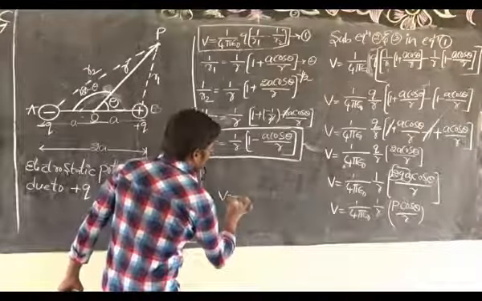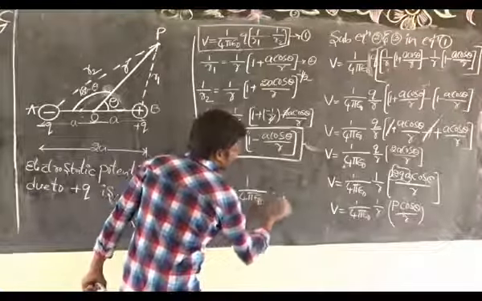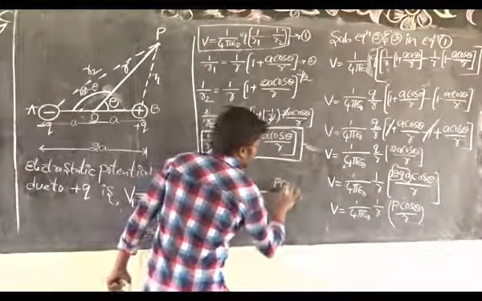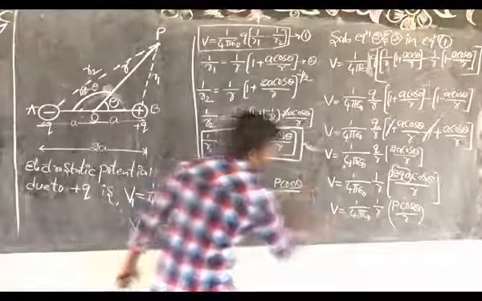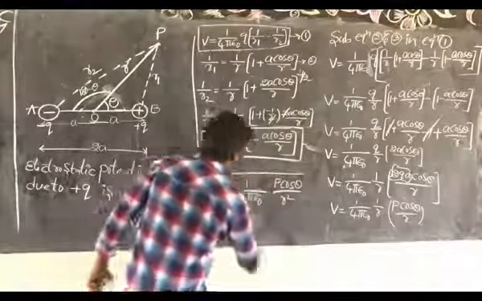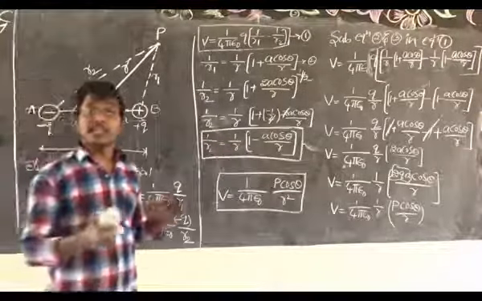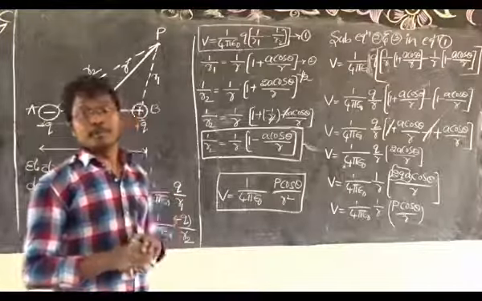V is equal to 1 by 4 pi epsilon naught into P cos theta by r square. This is the final expression of the electrostatic potential due to a dipole.